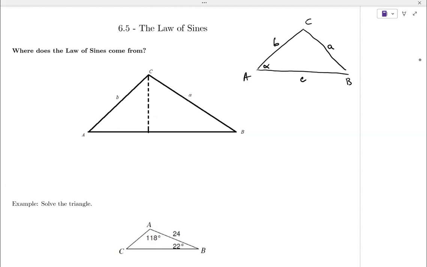The angle at B we'll refer to as beta. And the angle at C we'll refer to as gamma. The first three letters of the Greek alphabet: alpha, beta, gamma. So alpha will be the measure of the angle at A, beta will be the measure of the angle at B, and so on.